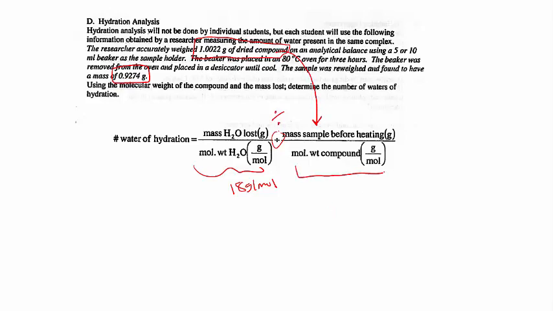And then this is the molar weight of the compound that I determined in A. I'll figure that out, and that will give me the waters of hydration. What that's telling me is how many waters there are in my copper coordination compound. So that will give me that information.